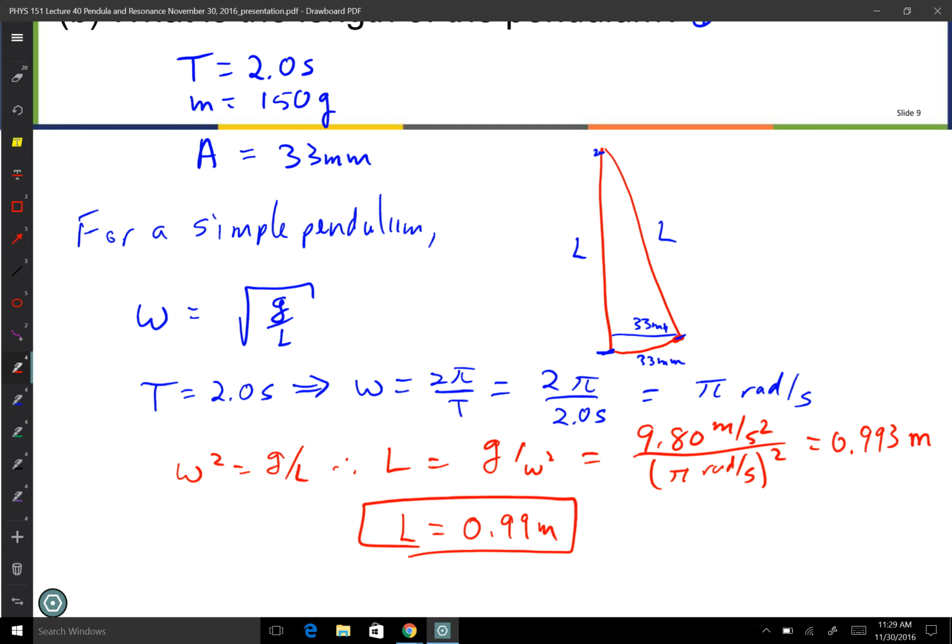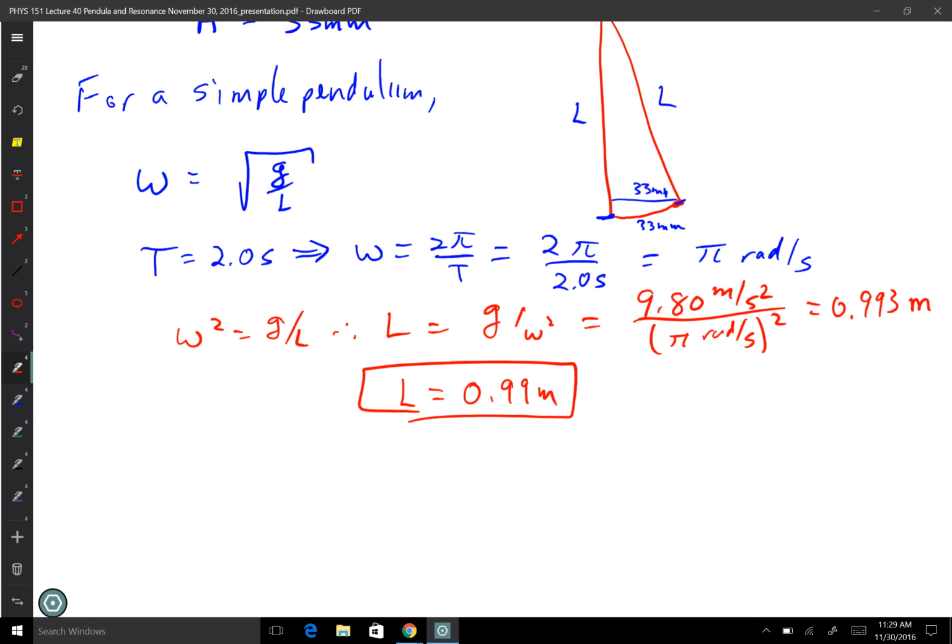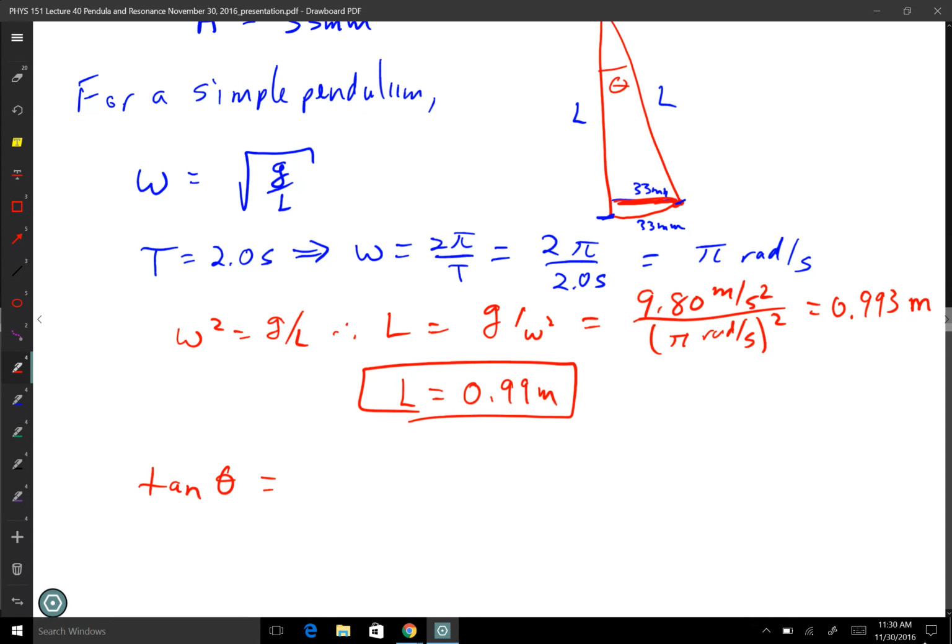What do you think? Yes is a good call, because I can say, well, if I put it the way I have drawn on top, if I use this distance here, then I'm going to have tangent of theta is equal to my opposite side, 33 millimeters, over my adjacent side, which is 993 millimeters.